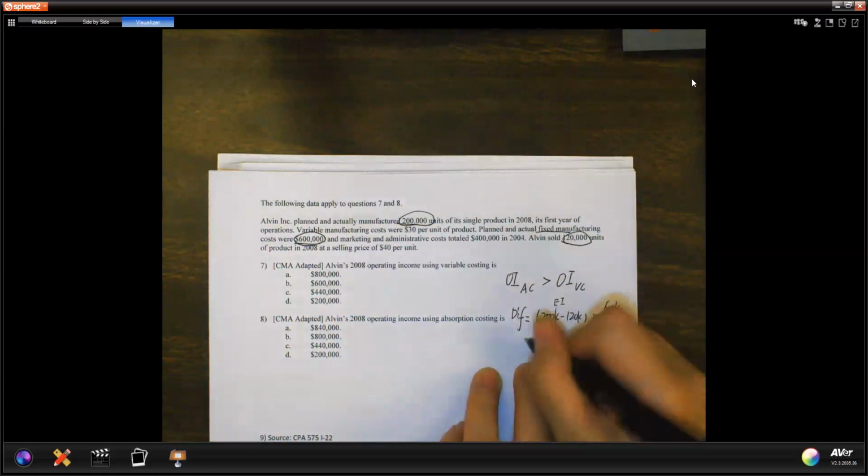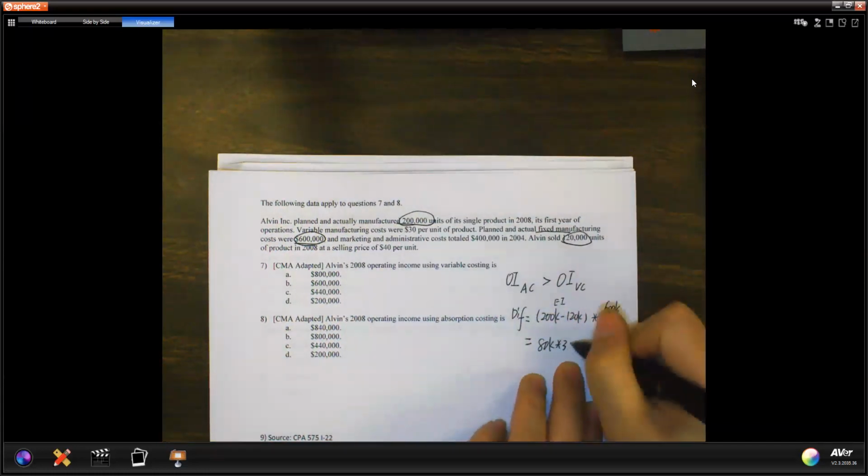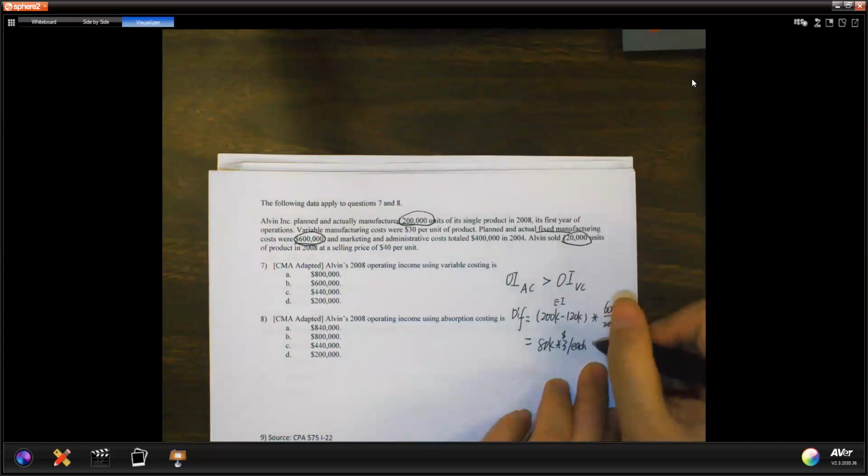So our difference will be 80,000 units times our $3 each as the allocated fixed manufacturing cost. So your difference has to be 240,000, which means your operating income under absorption costing has to be $240,000 more than under variable costing method.